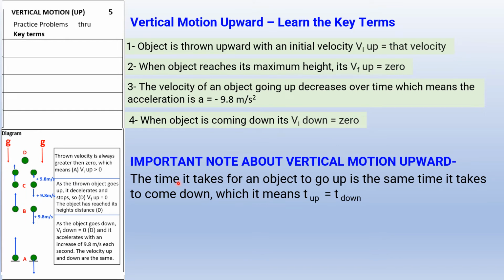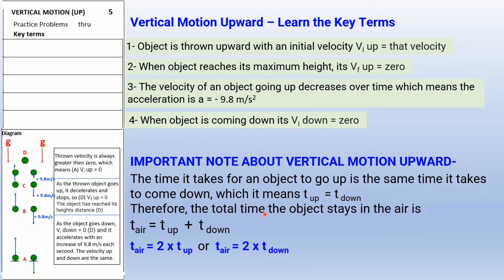Now let's learn some important notes about vertical motion upward in terms of time. The time it takes for an object to go up is the same time it takes to come down, which means the T up is equal to T down.